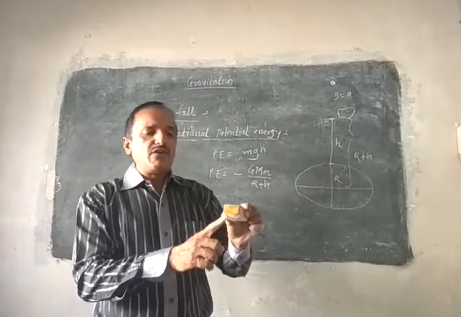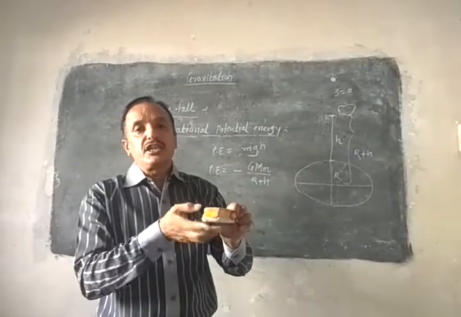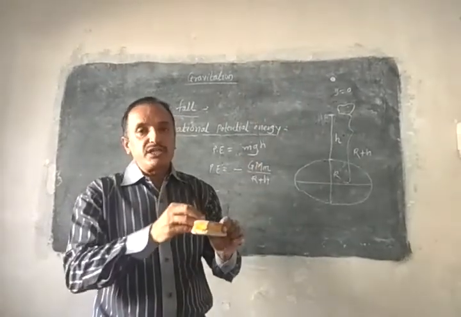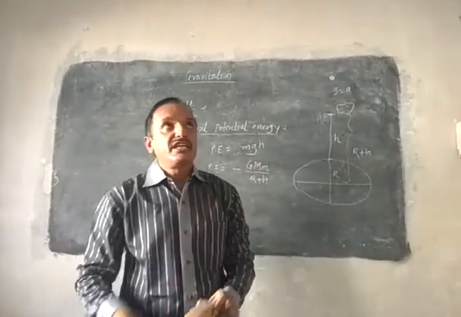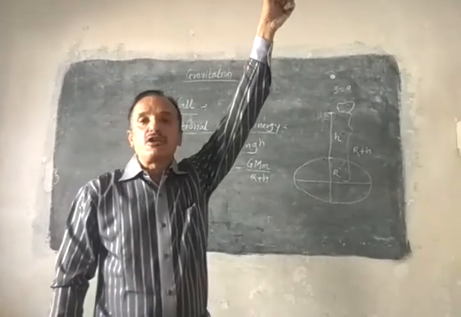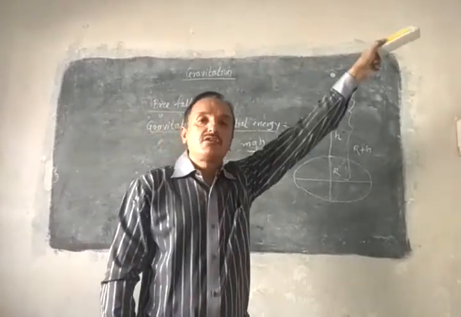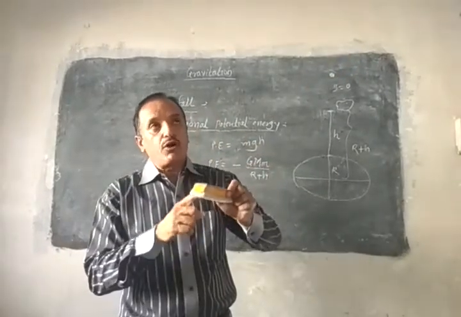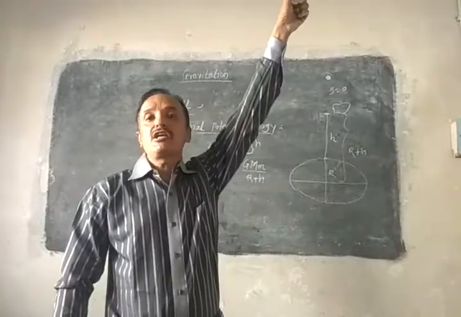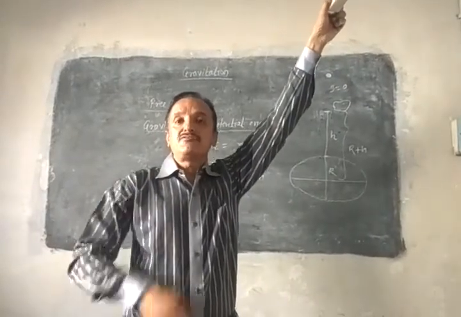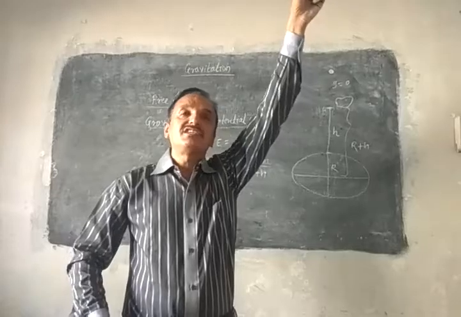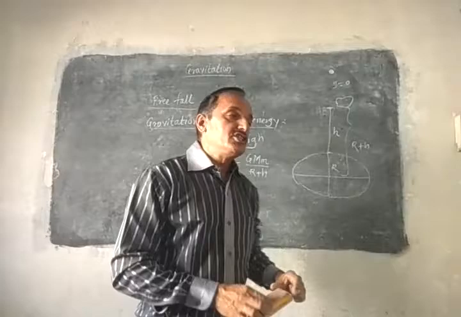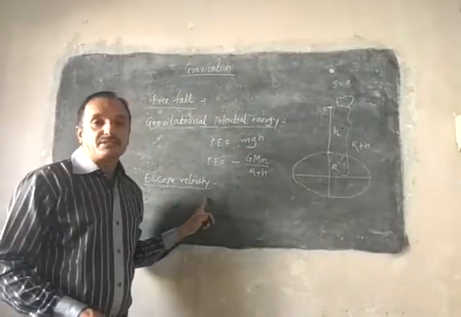Now what will I do? I will give the initial velocity equal to the escape velocity. It means I will give the velocity to the object so that it will go away from the gravitational force, and that object will not come back. The velocity with which the object leaves the gravitational force and doesn't come back is called the escape velocity.